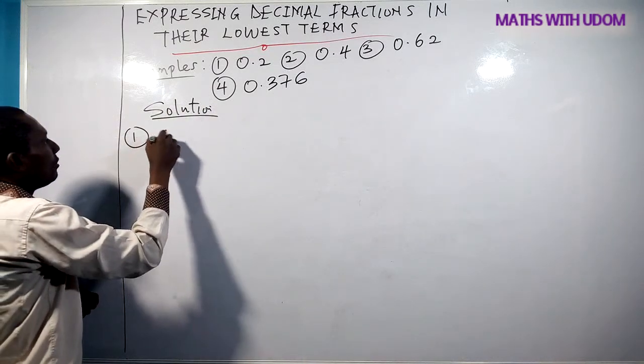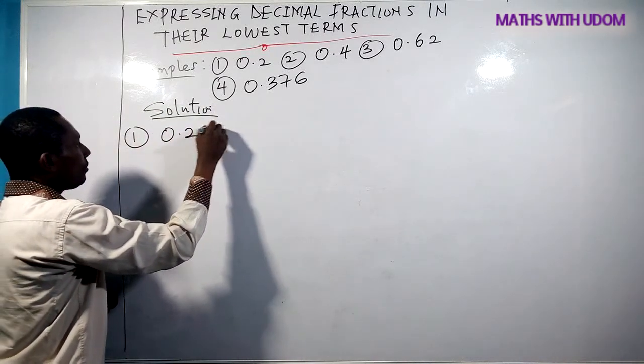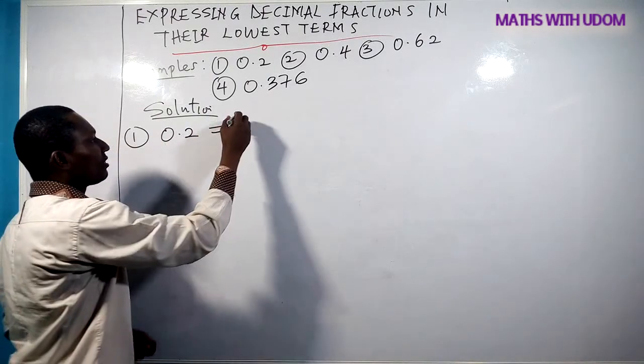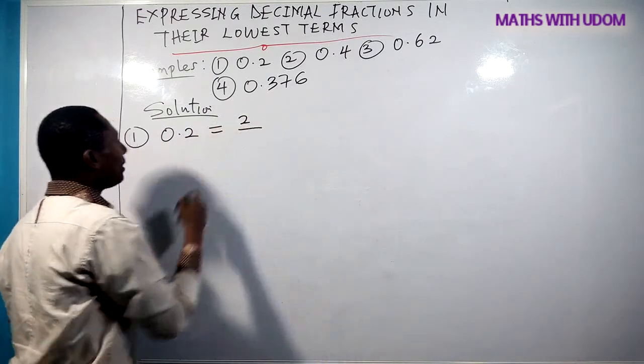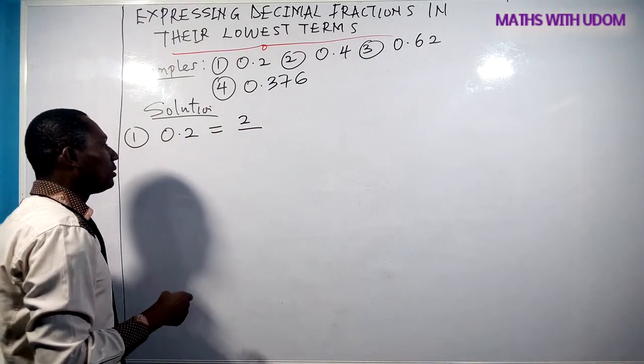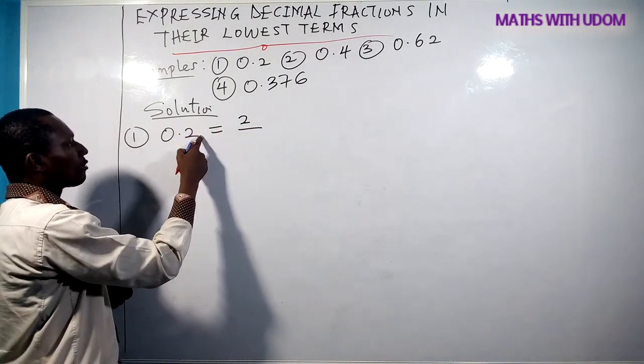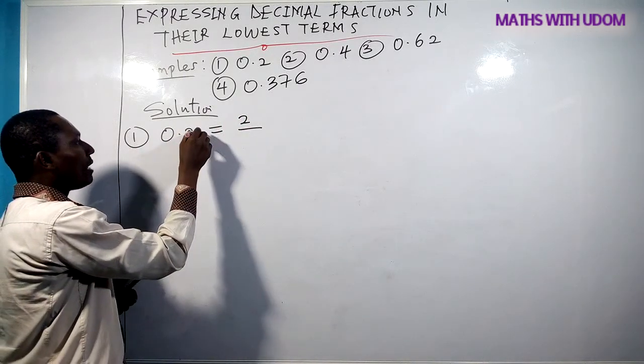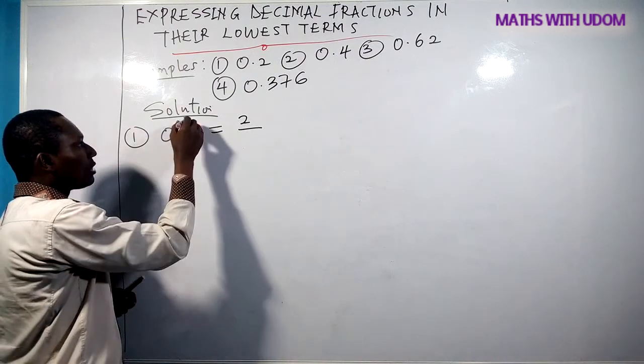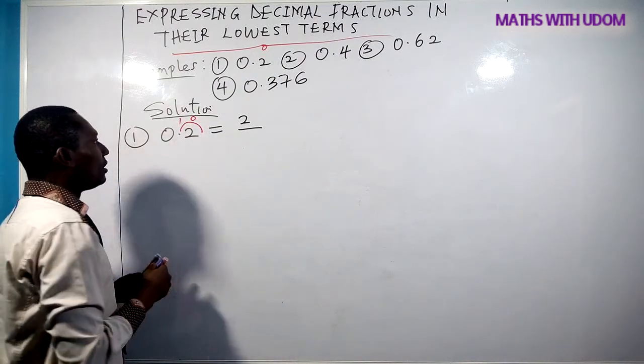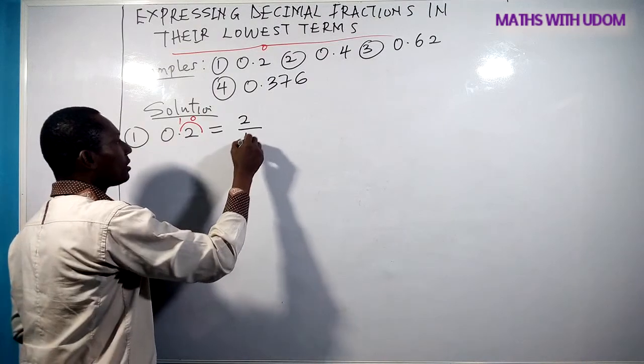For number 1, we have 0.2, which can be written as 2 divided by, as I told you in my former video, you move from the front of the number backwards until you get to the decimal point. So you have 0, then you put your 1. That will be 2 divided by 10.